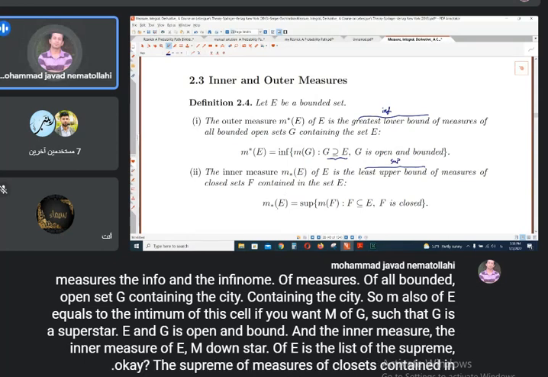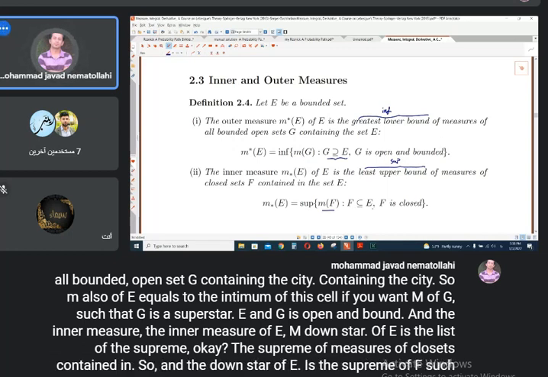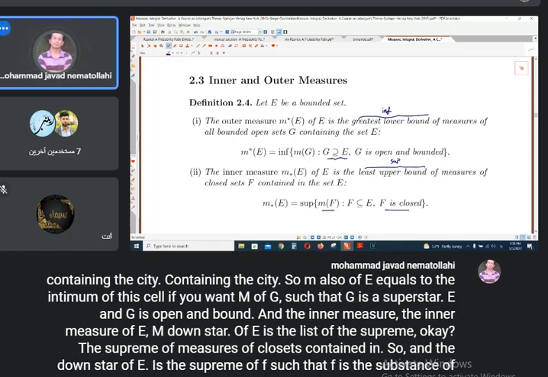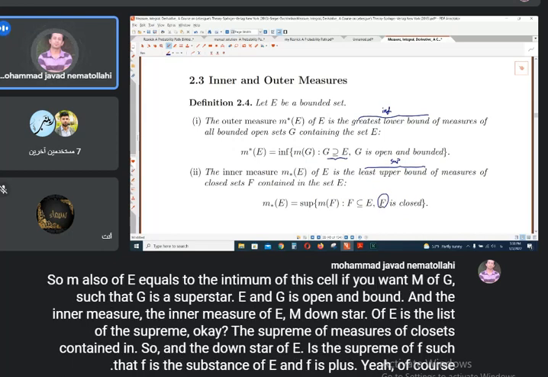So M down star of E is the supremum of M of F, such that F is a subset of E and F is closed.